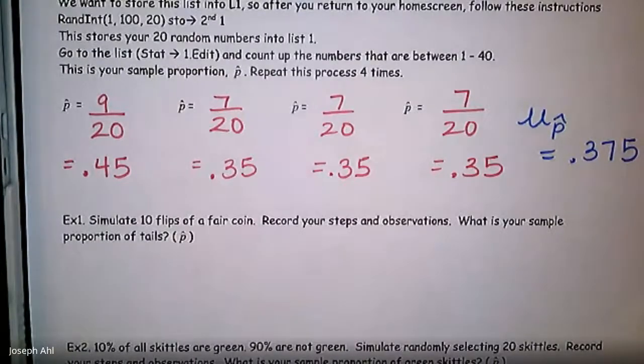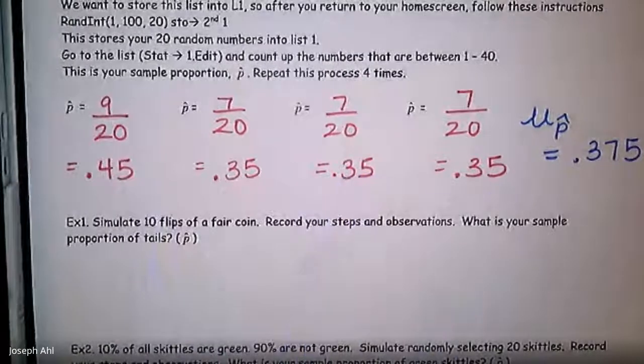We could increase the value of n. Maybe we don't choose 20 chips. Maybe we choose 100 times. And then we're going to see these values get closer and closer to that 0.4, the true proportion, that population characteristic there.